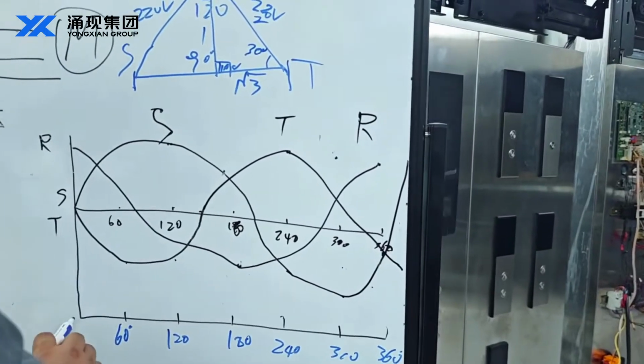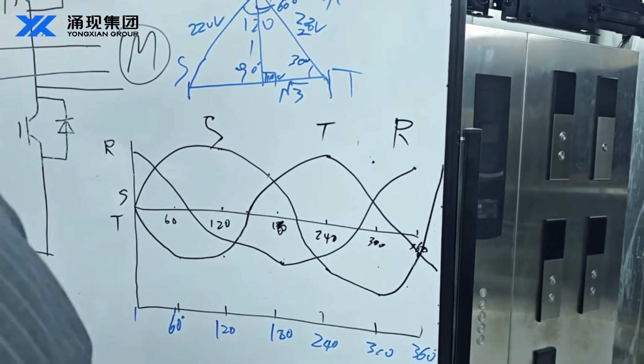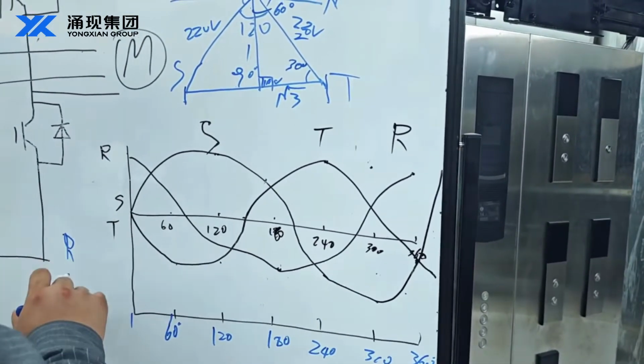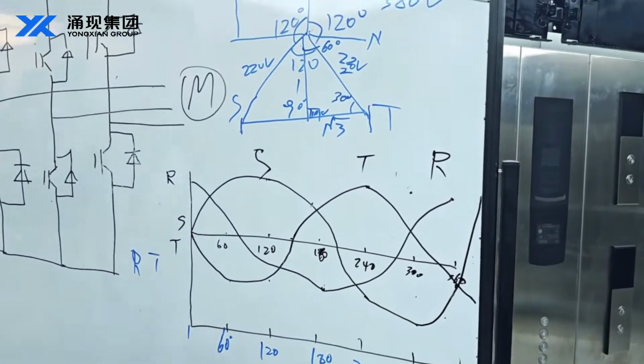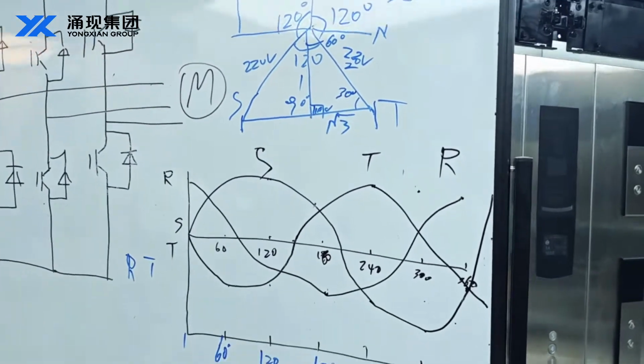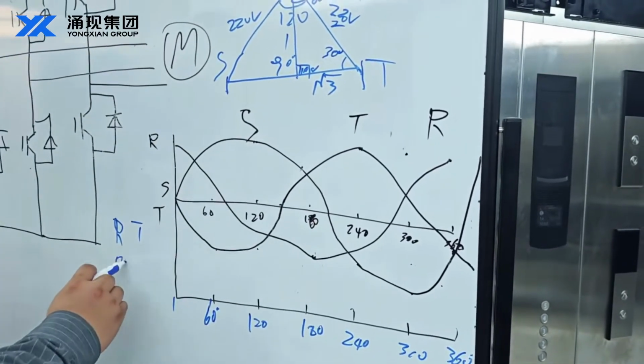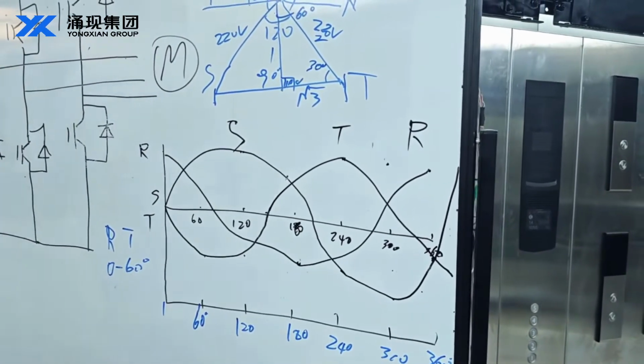From 0 to 60 degrees, phase R reaches its peak, while phase T is at its lowest.